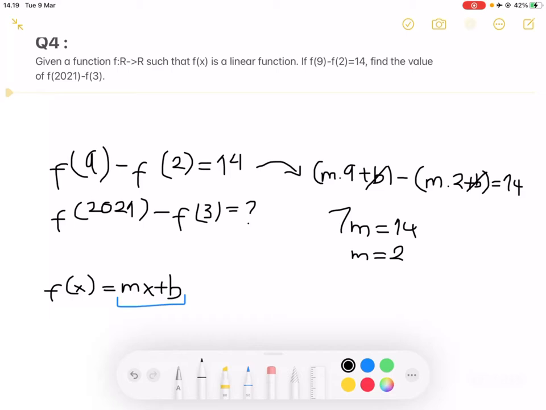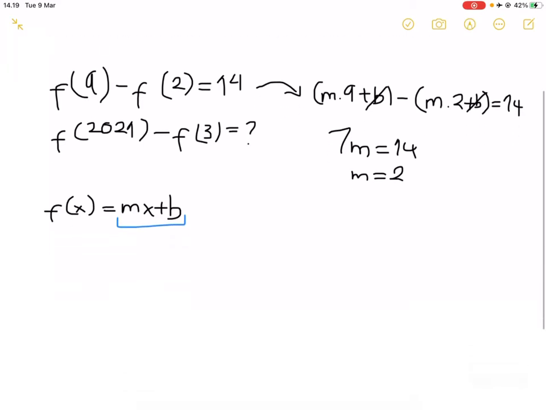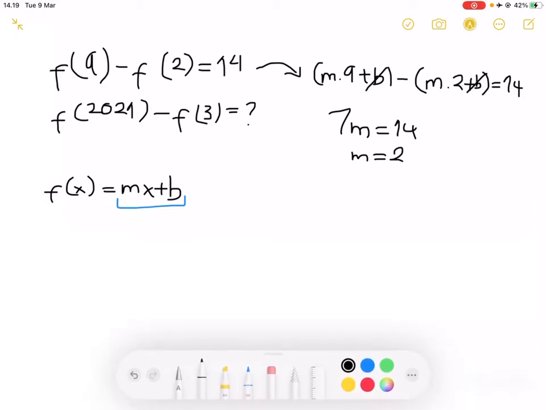All we need to do is apply this trick for f of 2021 and f of 3. So this will become m times 2021, but since we know m is 2, we can just substitute that right in. And don't forget the plus b, minus 2 times 3 plus b.